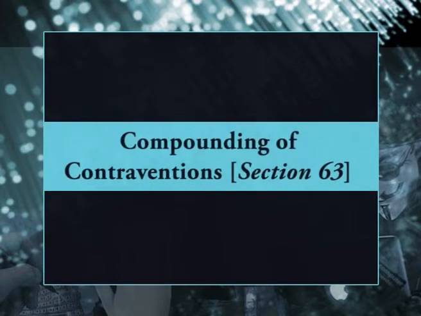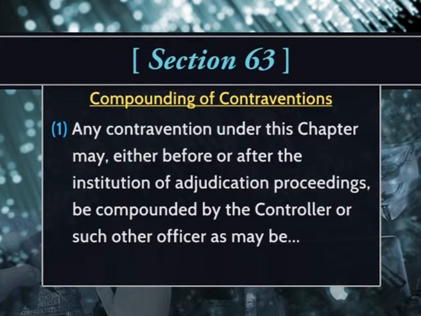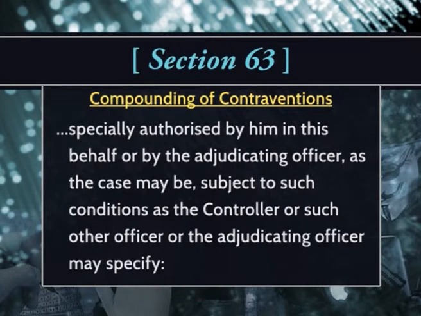Then section 63 explains compounding of contravention. Any contravention under this chapter may, either before or after the institution of adjudicating proceedings, be compounded by the controller or such other officer as may be specially authorized by him in this behalf, or by the adjudicating officer, as the case may be, subject to such conditions as the controller or such other officer or the adjudicating officer may specify.